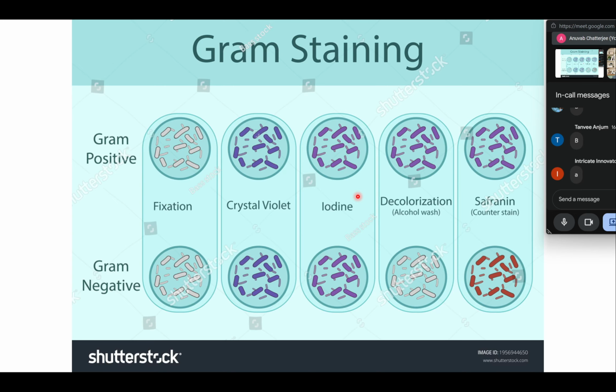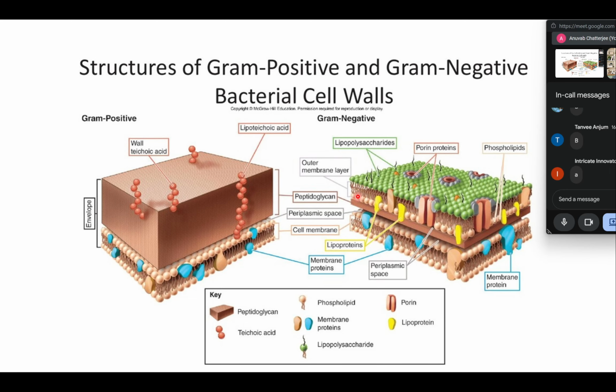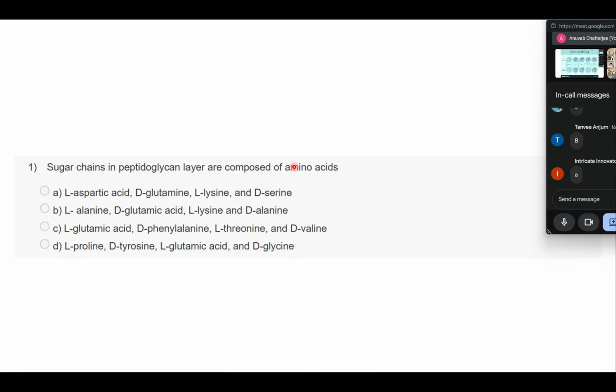So this is a very interesting technique that was used to initially classify bacteria, even when we didn't have much knowledge of what exactly makes up all of these layers. Just depending on the cell wall thickness and the properties of the cell wall, we can classify bacteria, and this technique is still regularly used in microbiology labs. So gram-negative and gram-positive bacteria.